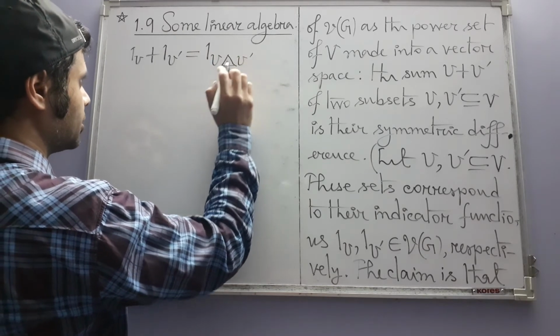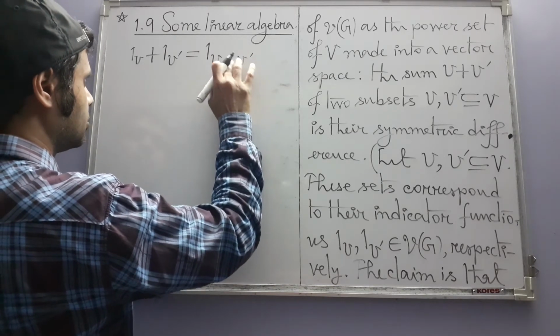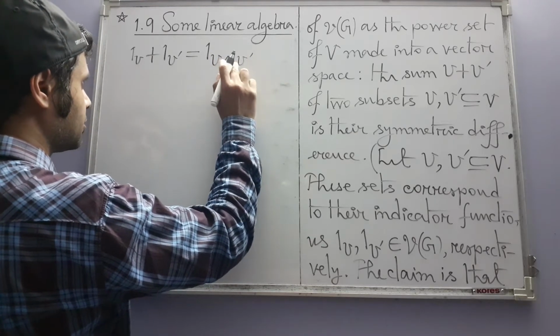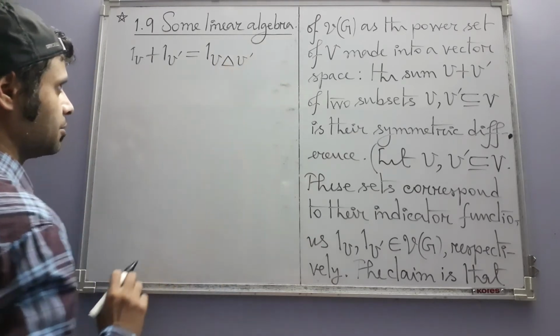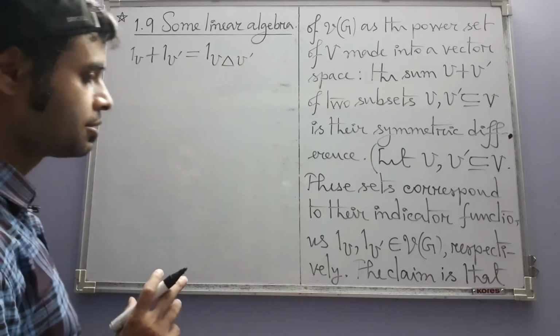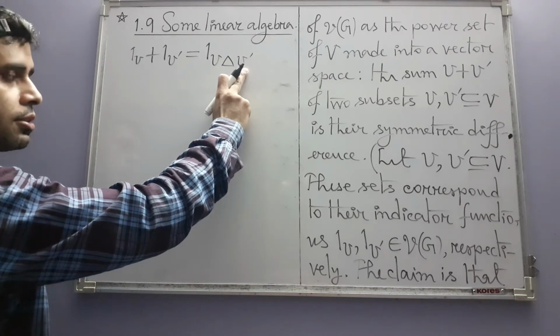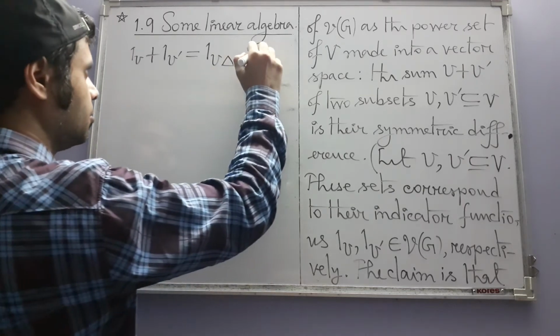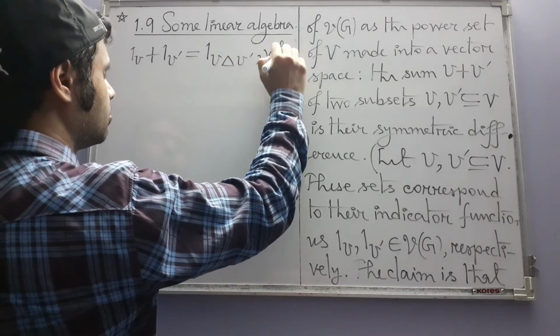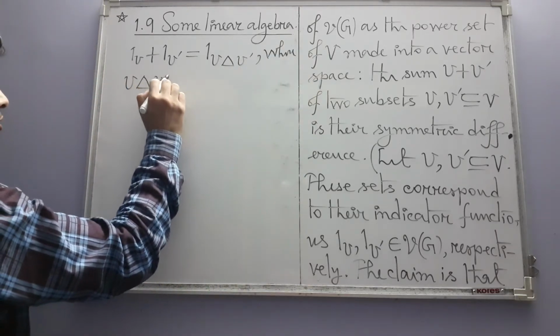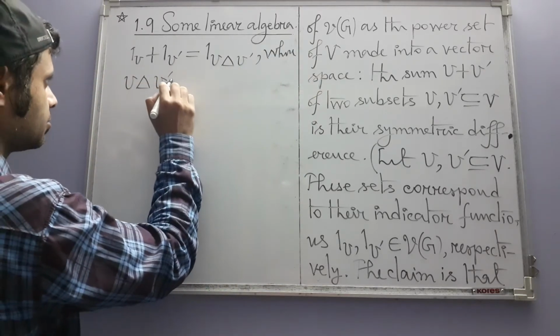I don't remember whether the symmetric difference of two sets has been assigned any symbol in this book or not, but I am denoting the symmetric difference of u and u prime by this symbol, u delta u prime, where delta is for difference.